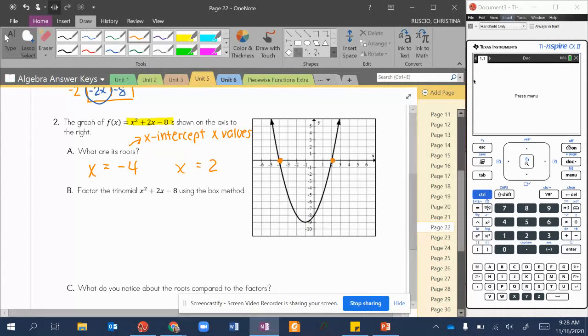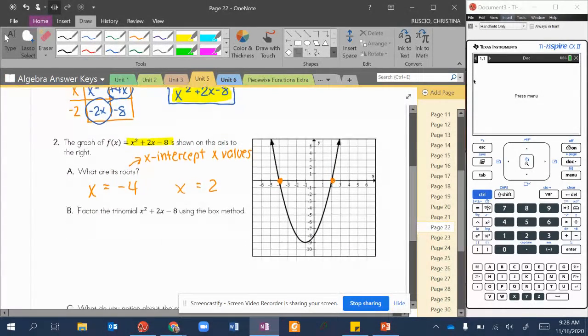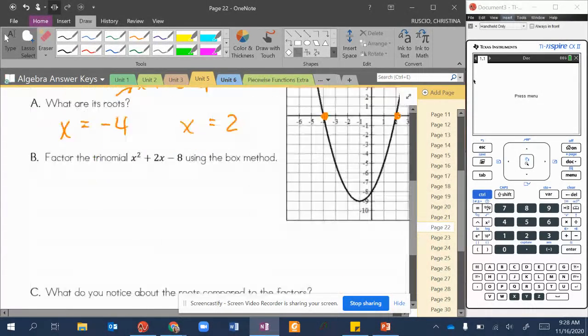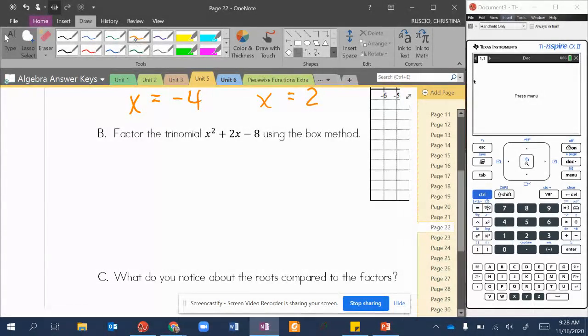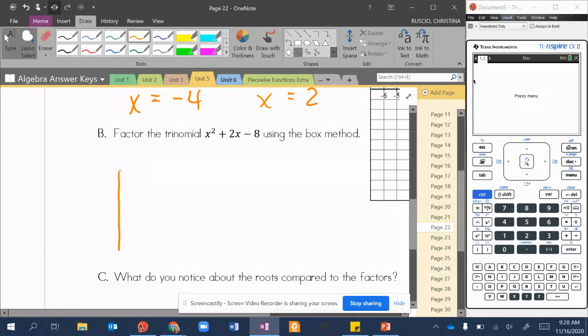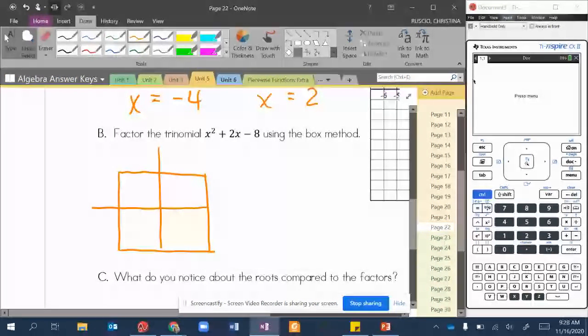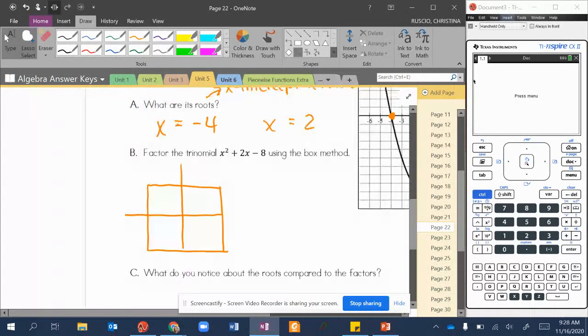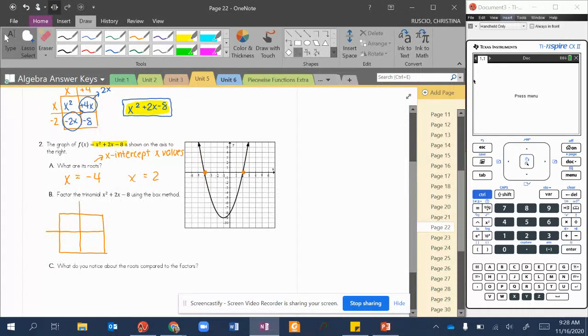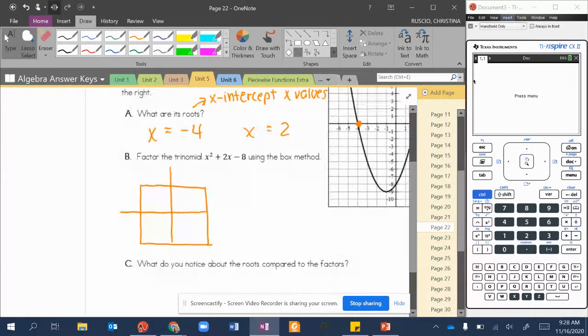It says factor the trinomial using the box method. Okay, so wait a minute. This is interesting. Okay, let's see what we have here. So in the past, we've put stuff on the sides and then filled in the box. But here, don't we have the guts and then we have to fill out the sides?